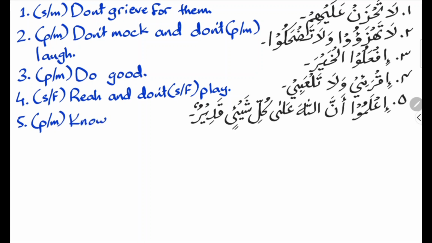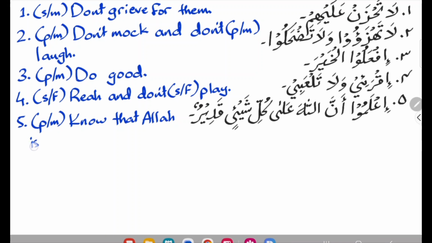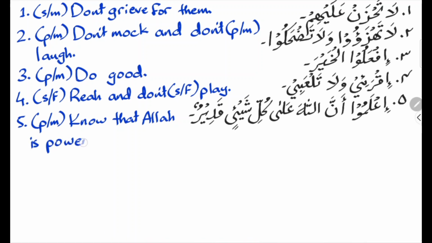Know أن الله, that Allah, على كل شيء قدير. على means upon, كل every, shay thing, so كل شيء means basically everything. قدير is powerful, so know that Allah is upon everything powerful. If you say it like that, it would sound weird in English, so let's translate it this way. Know that Allah is powerful over, that's ala, everything.